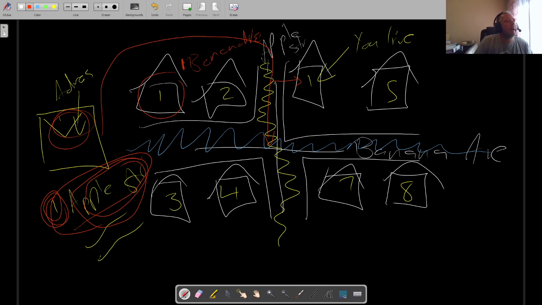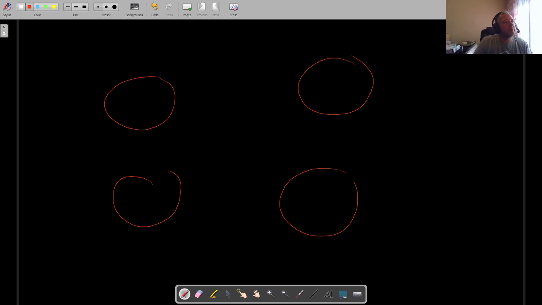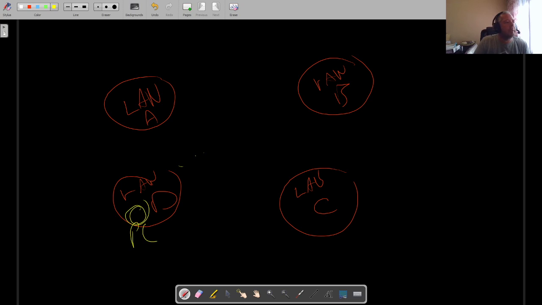Now let's take the same thing and convert it into networks. So now we've got LAN A, LAN B, LAN C, and LAN D. You've got a computer here in LAN D, and you want to send data to a computer in LAN B. So how do we send that letter?